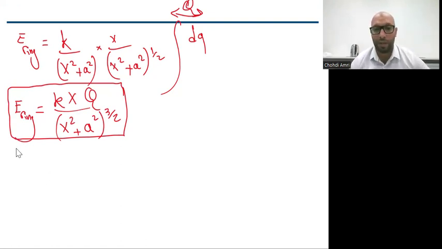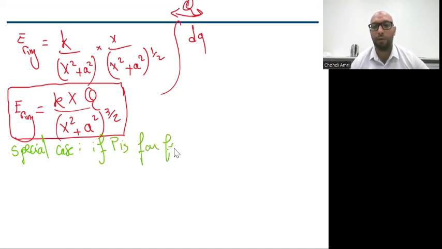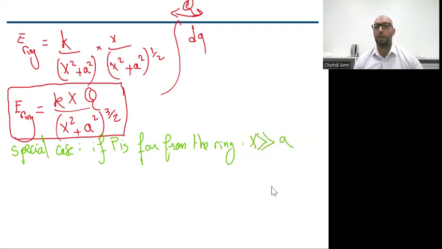We have some special cases. If P is far from the ring, that means the distance x is very large compared to a. That means a is neglected.